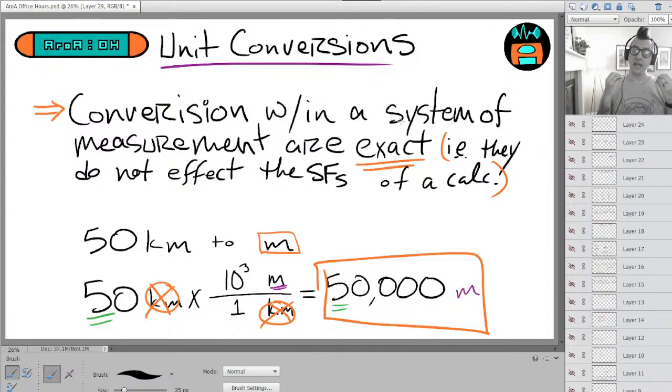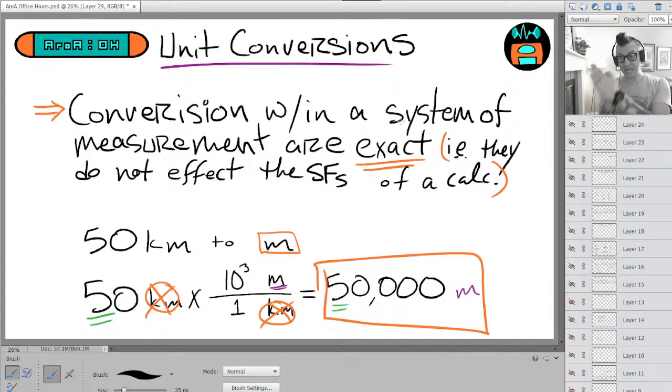It is based on a definition. 1 kilometer is defined as being 1,000 meters. If you're going from metric unit to metric unit, the unit conversion will never affect your sig figs. If you're going from English unit to English unit, it will never affect your sig figs either, because, for example, 1 foot is defined as having 12 inches in it. That's not a measured quantity. It's exact, based on a definition.